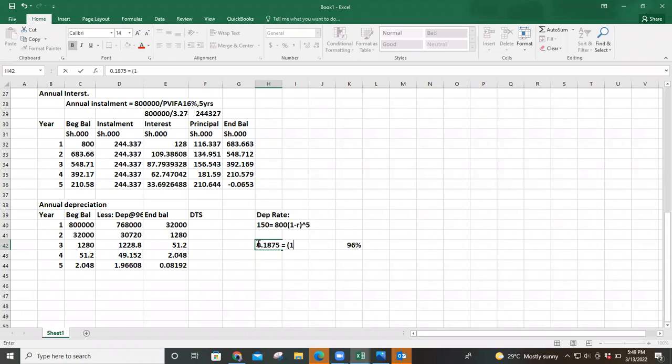So 0.1875 equals 1 minus r raised to -5.